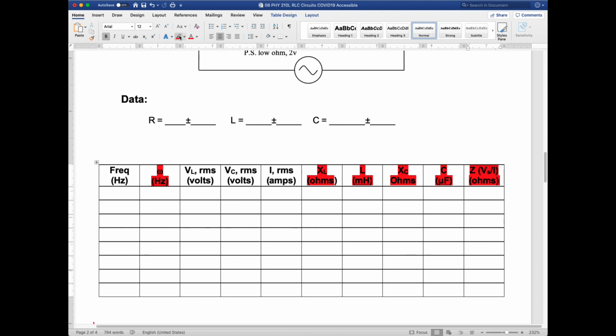Why are we calculating? We want to see if the value of L that you calculated matches what it says on the inductor. Same thing with C. We want to see how it matches, because the value that you obtain from the data should match what you measured with.